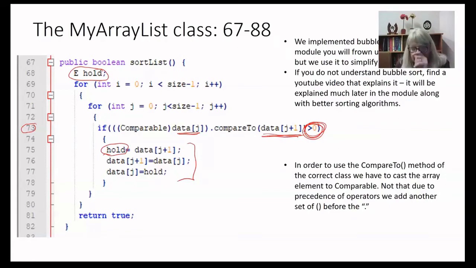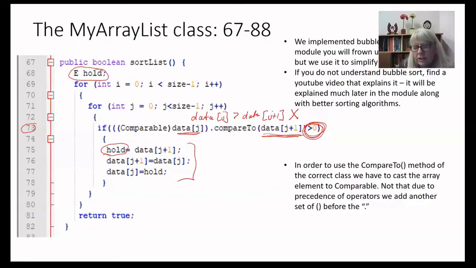If we did not use comparable, we wanted to write here data j is larger than data j plus 1. But this is not allowed. We need to use the compareTo because we are working with generics.